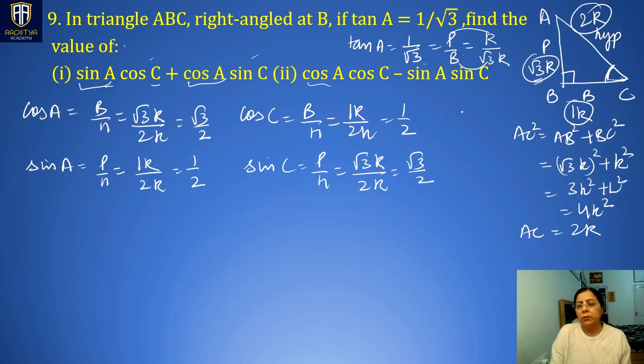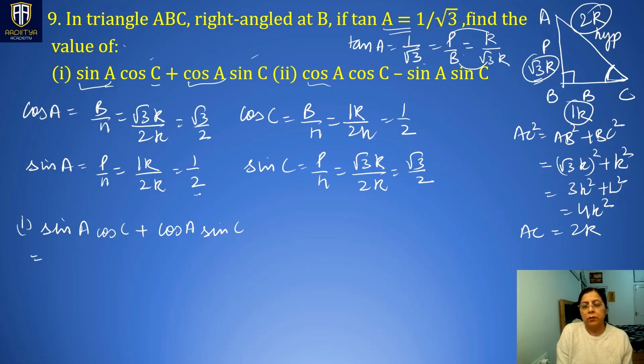Now since we have found these values from the given tan A, we are doing the first part, which is sin A cos C plus cos A sin C. What is sin A?